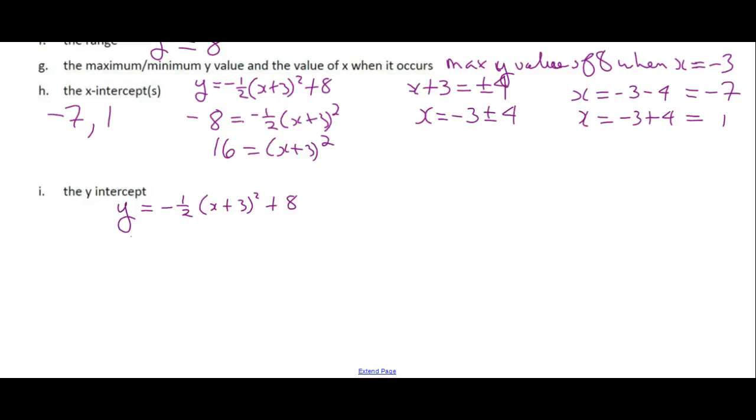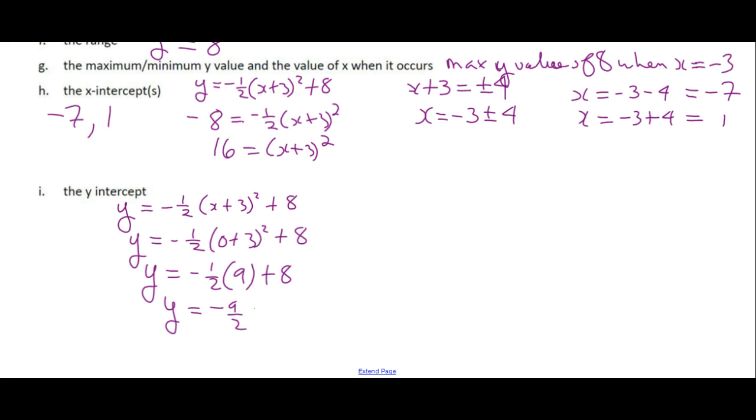Okay, so we're going to put in a 0 for x. So the y-intercept is 7 over 2, or minus 6.